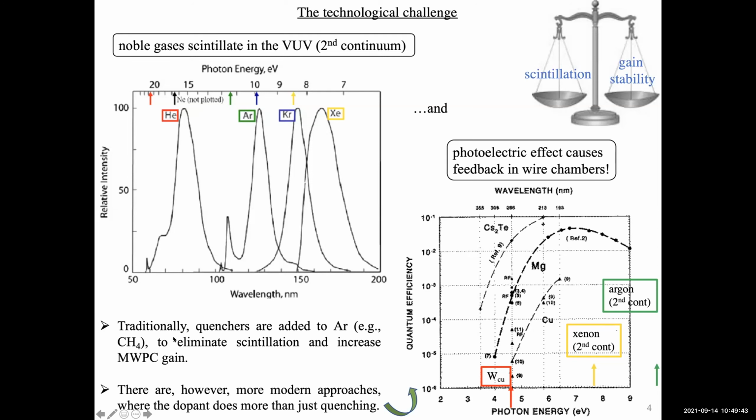So as everybody knows, the traditional solution to this is to use quenchers or absorbers. And so particularly CH4 is very popular. It makes a mixture called P10, 90% argon, 10% CH4, which has been used in the very early TPCs. And so it's a common way to eliminate this primary scintillation, allow for sufficient gain, and at the same time tune the drift and diffusion properties of the TPC.